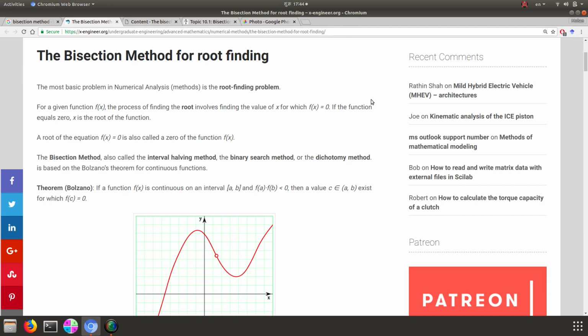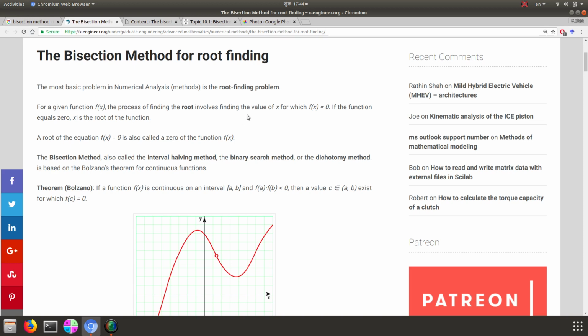I am Mohangiri. In this tutorial I will be talking about the bisection method for finding the root of any equation. First of all, let me say something about the root of an equation. Suppose we have an equation f of x, and I want to find its root.